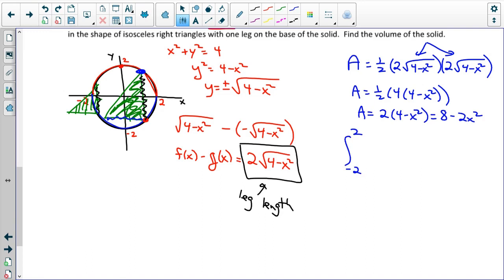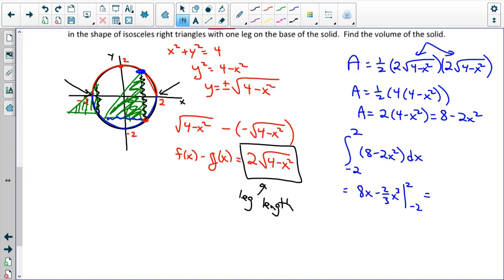So now I take the integral from -2 to 2. Notice that I'm going from -2 to +2 since I'm drawing these perpendicular to the x-axis. So I'm going from -2 to 2 of 8 minus 2x squared dx. So that's 8x minus 2/3 x cubed, evaluated from -2 to 2.